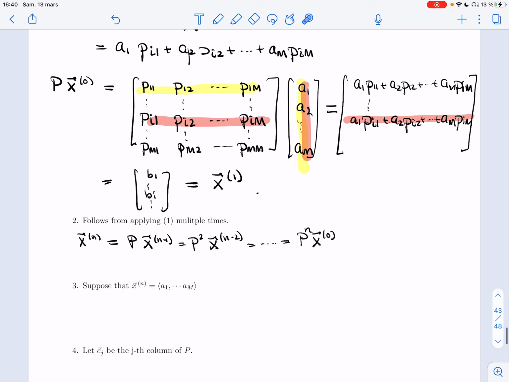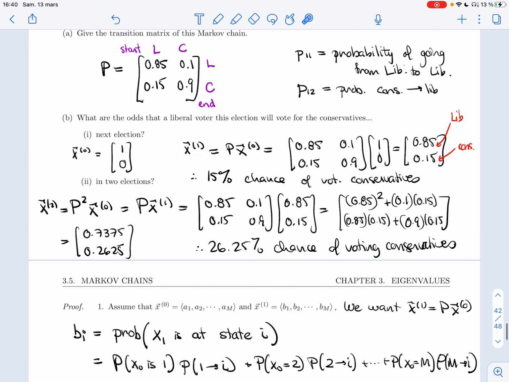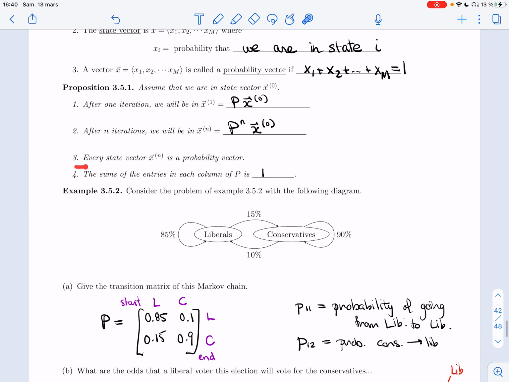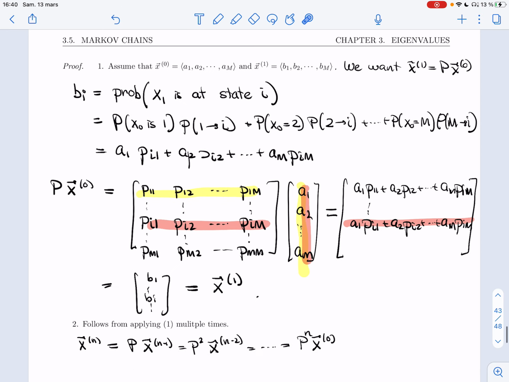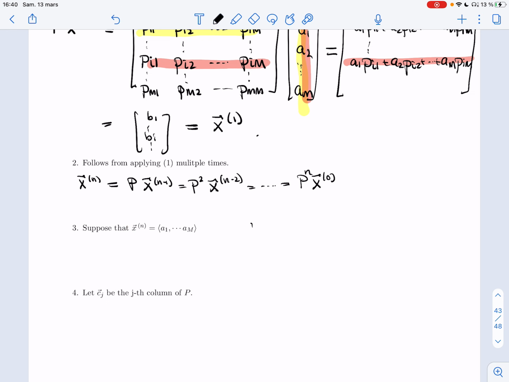All right, let's see. Suppose that xn is a1, ..., am. I want to prove that it is a probability vector. So a1 is the probability that xn equals 1, and am is the probability that xn equals m.